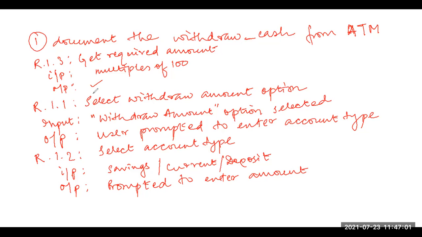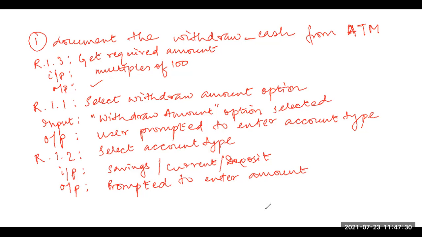The output is that the requested cash and the printed transaction receipt statement is generated and the requested cash is received. Now, this is an example of how a high level function like withdraw cash from ATM is written in your SRS document under the functional requirements section.